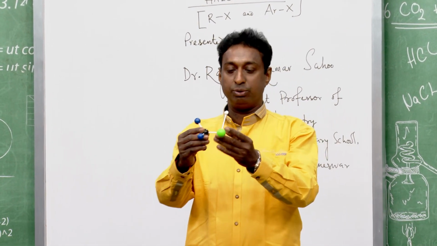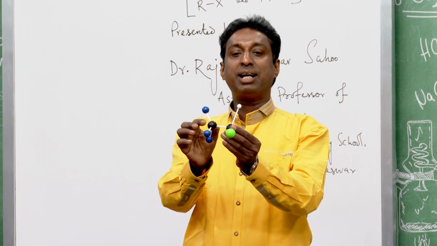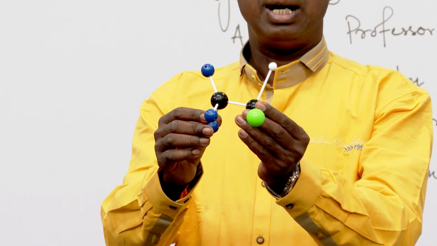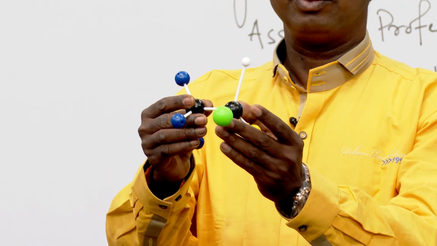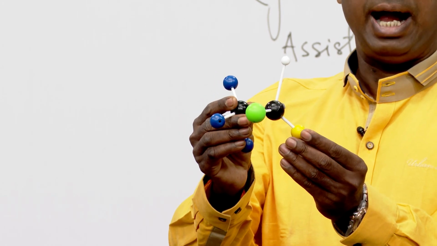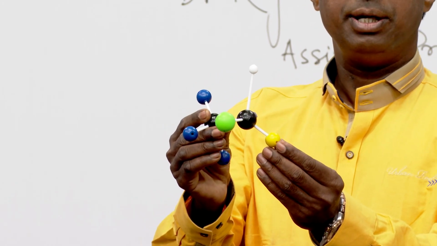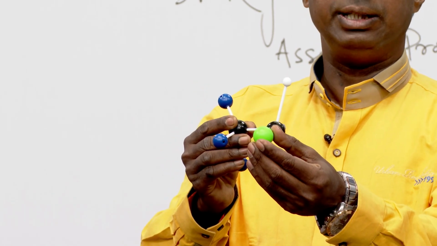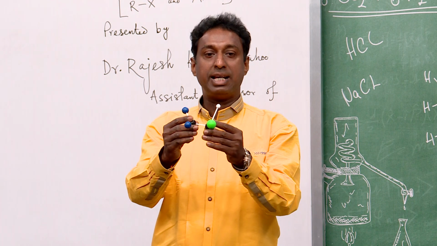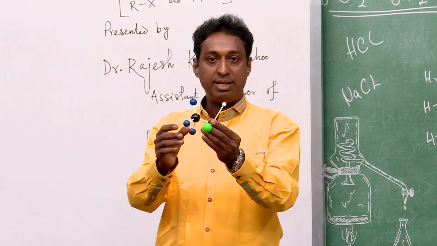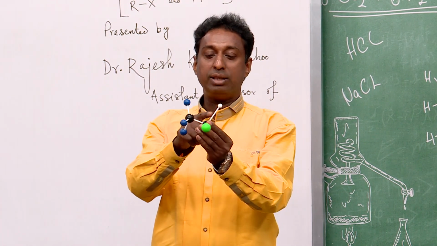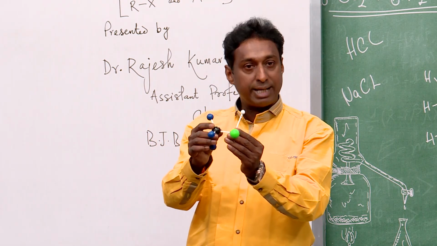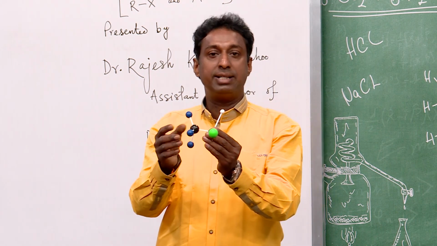These black balls are carbon atoms, these blue balls are fluorine atoms, this yellow one is bromine, and this one is chlorine. So this is the example of halothane, and you see here all the bonds are single bonds. So it belongs to the haloalkene family. It is used as an anesthesia.